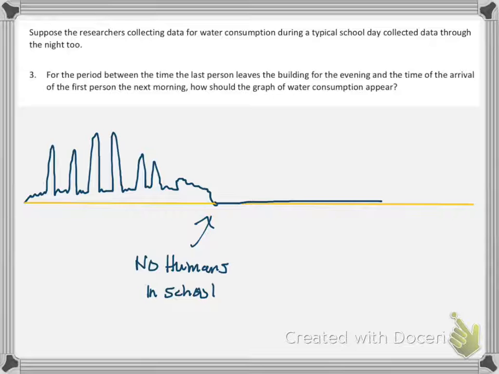Should stay at 0 until the first humans return back to the school and we start that process all over again with water being used in between classes, at lunch, etc. So the time period that we're talking about should be a straight line, should be at y equals 0. Y equals 0. Okay?